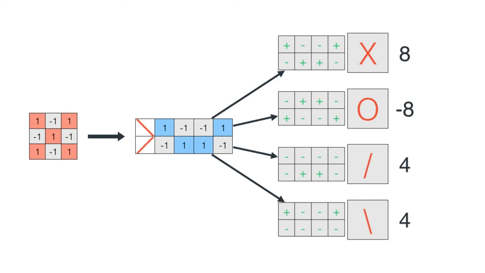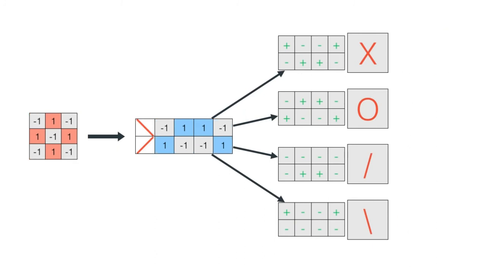So what we have to do is just pick the number from the right, which is basically the highest. So the winner is 8. It turns out this is the winner. So we conclude that our 3 by 3 pixel is basically the X. If you do it for the O, we get 4, and the last one gave you -4, so the second basically wins.